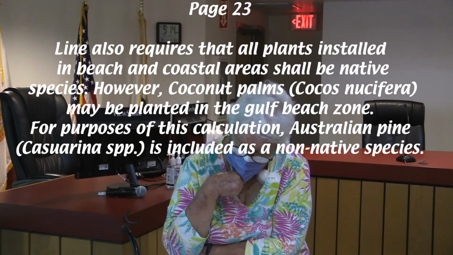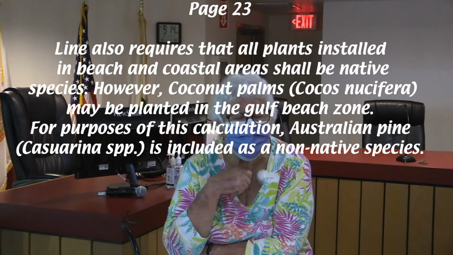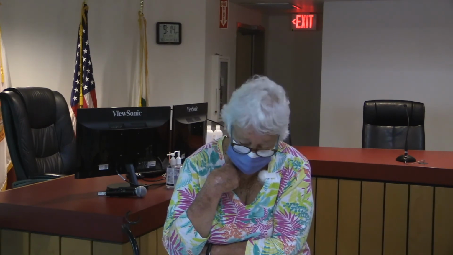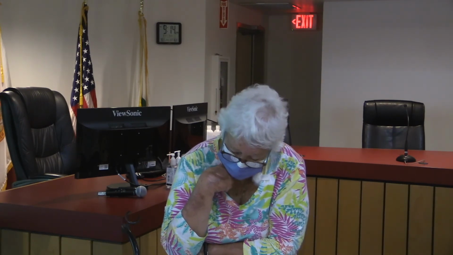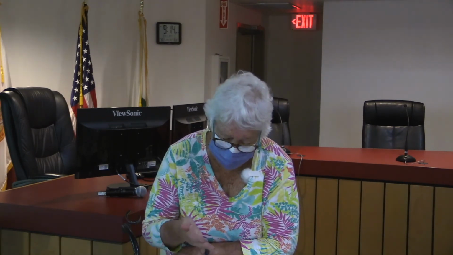Now, for the purpose of this calculation, Australian pine is included as a non-native species. Australian pine is not allowed to be planted by the state of Florida anywhere on a property, and we of course have seen a lot of Australian pines, and during our hurricanes they almost always come down.